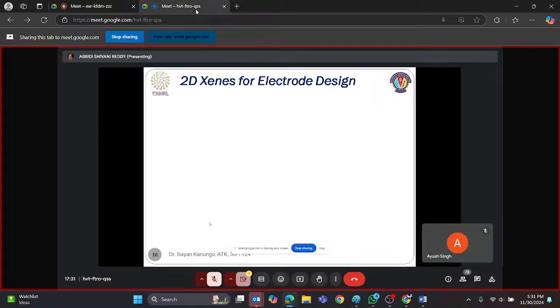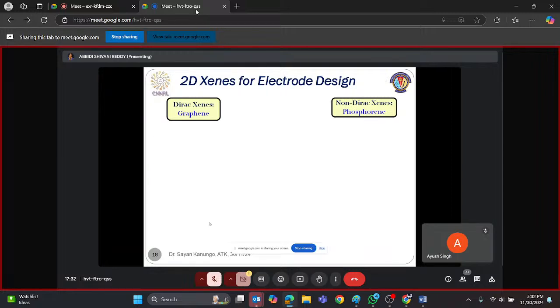But before that, what are these 2D Xenes? 2D Xenes are 2D materials made out of a single element, and these can be broadly classified into Dirac Xenes and non-Dirac Xenes. Dirac Xenes are typically the semi-metallic Xenes, where the conduction band minima and valence band maxima touch each other, giving rise to a semi-metallic nature.